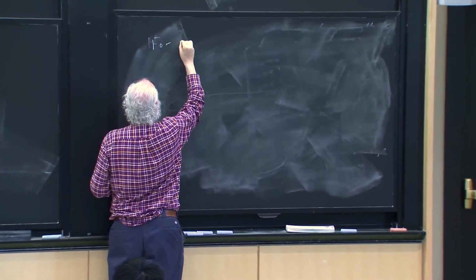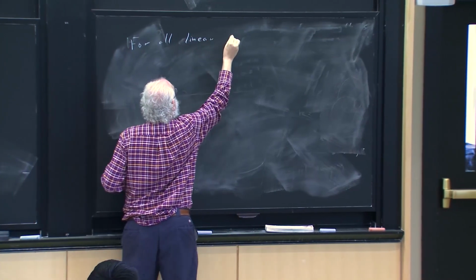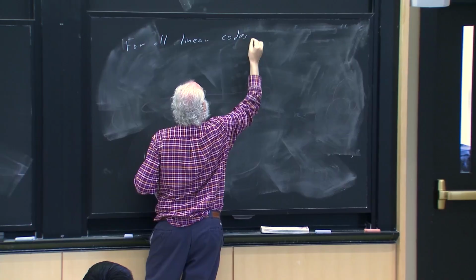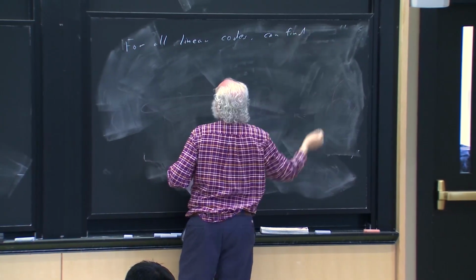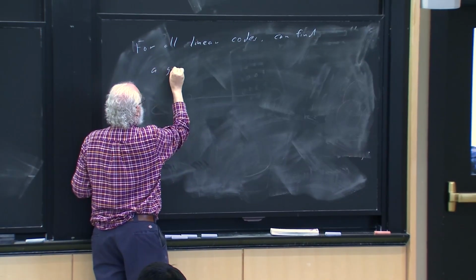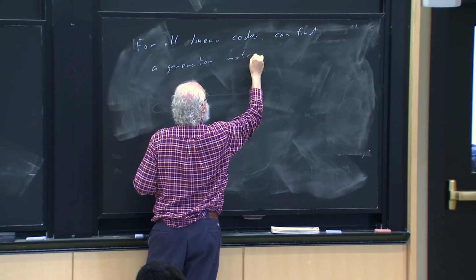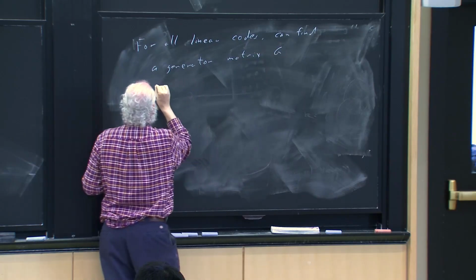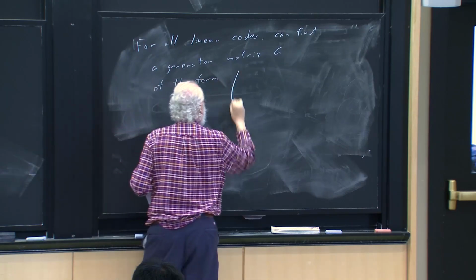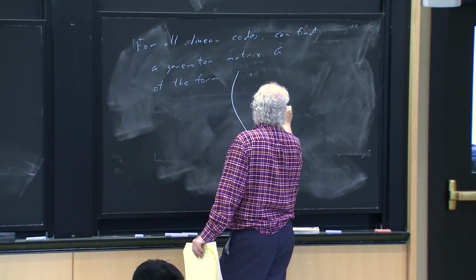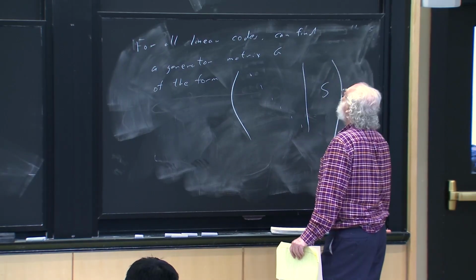For all linear codes, we can find a generator matrix G of the form 1, 1, 1, 1, 1, 1. So this is the identity matrix, and some matrix here, S.